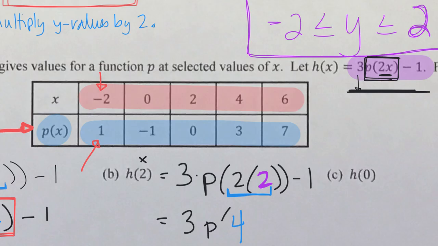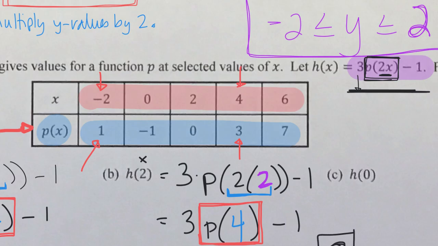Right, that's 4. And now we have to do p of 4. So this comes from your table, the whole thing, p of 4. When x is 4, p is 3. So what's 3 times 3 minus 1? 8. So our answer is 8.